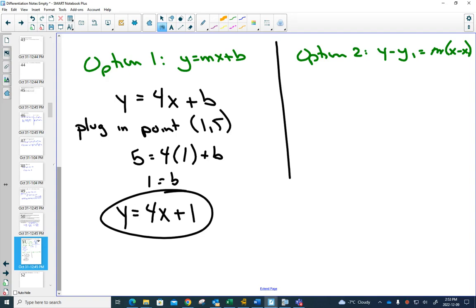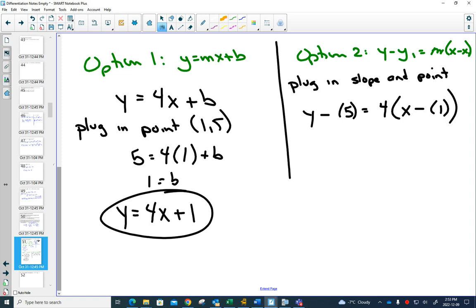The nice thing about the point slope formula is right away you can plug in your slope and your point. So you have y minus, oops, the y coordinate is 5, equals the slope is 4.